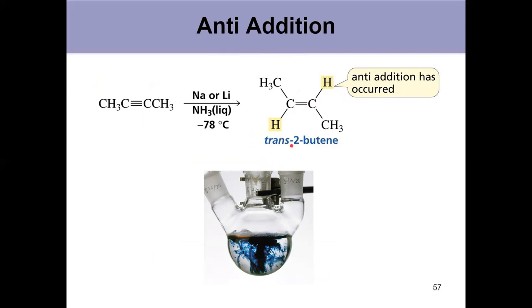And this is accomplished by using either elemental sodium or elemental lithium, choose one or the other, in liquid ammonia, and it's done at -78 degrees Celsius. And this takes advantage of the fact that these alkali metals react more rapidly with triple bonds than they do double bonds.